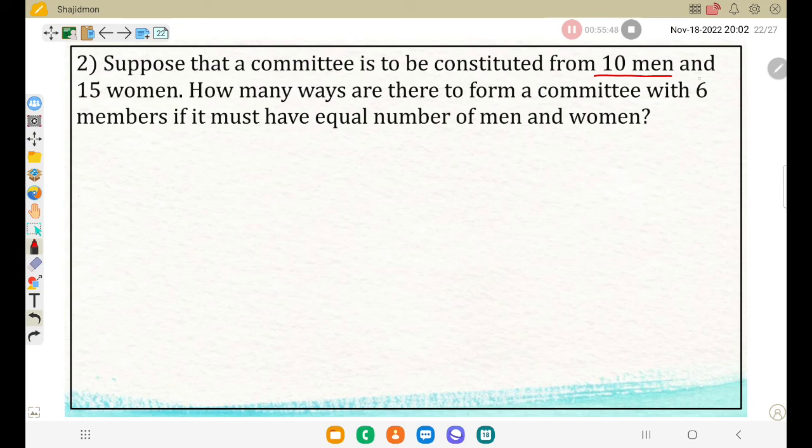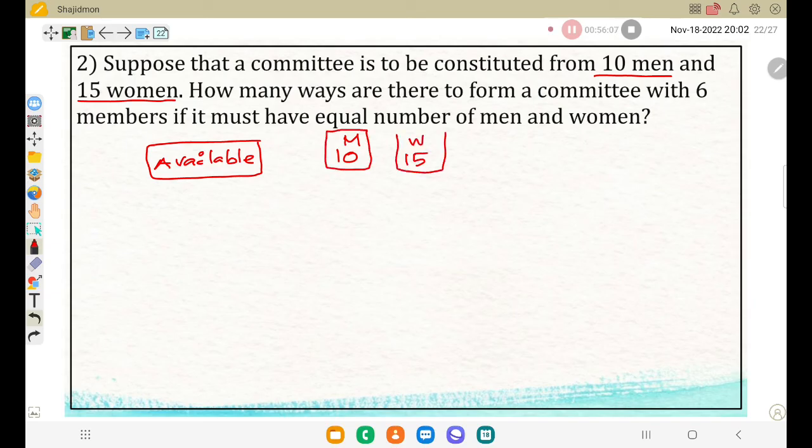We have 10 men and 15 women. This is the first line of the question. How many ways are there to form a committee with 6 members?